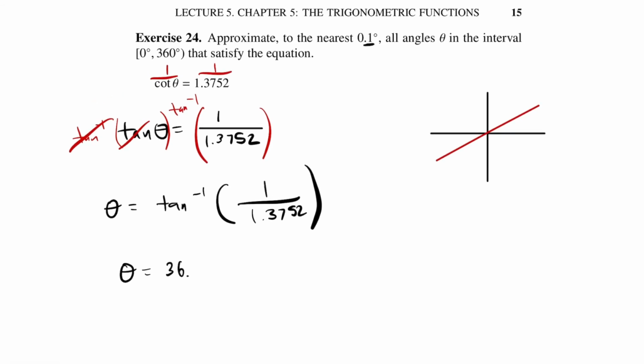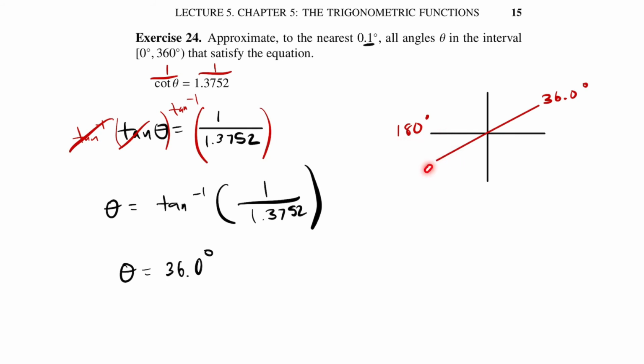So that's going to be 36.0 degrees. All right, so clearly that's this answer in quadrant 1. In order to find this angle in quadrant 3, well, we know that this is 180, so we're using reference angles. The reference angle is 36 degrees. So in order to get this angle, you would add 36.0 to get this angle.